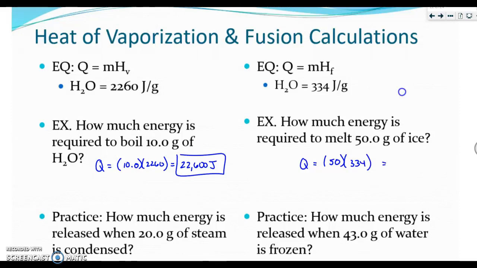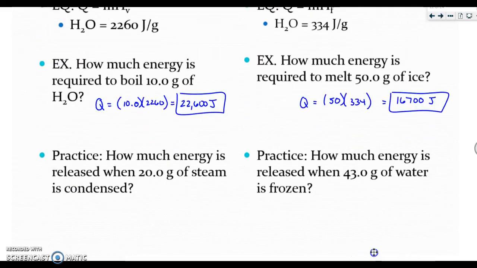You would solve that and get right around 16,700. Because it's energy, once again, the unit is joules. If you would like, you can complete these practice problems. Here are the 2 answers for them, and they would be completed the same way as the problems above.